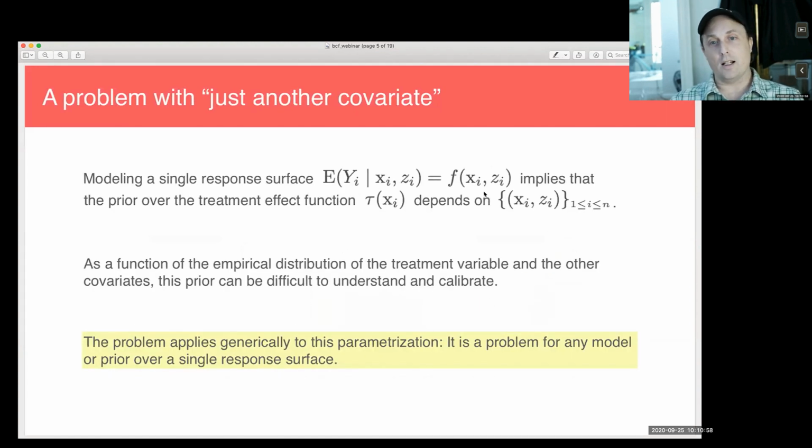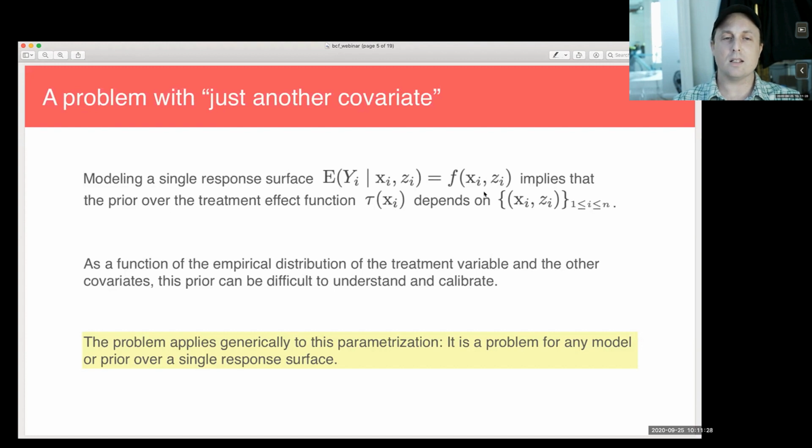On the other side, if you just model it as a single response surface, in that case, you actually do have some sort of dependence between those two functions that you're trying to estimate for the different values of Z. But often it's implicit. In the case of BART specifically, it was hard for us to understand. And even in the case where you have a Gaussian process, picking the covariance function that operates on X and Z is sometimes, we argue, difficult to understand.